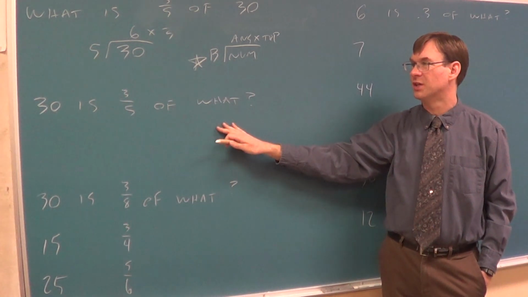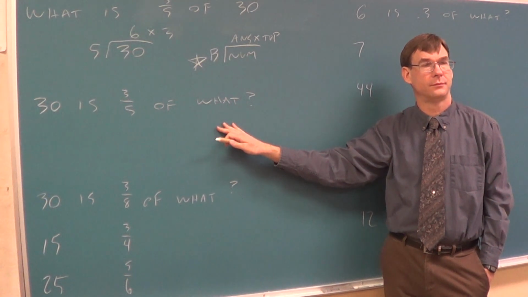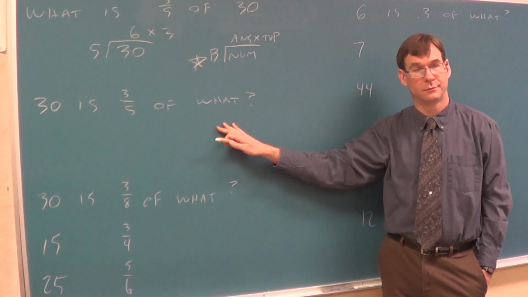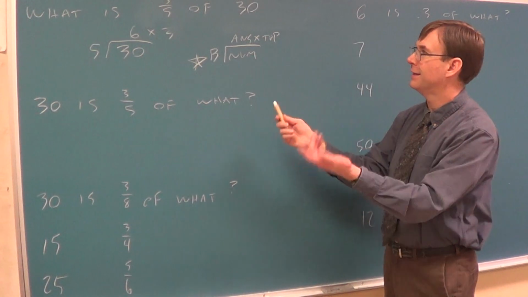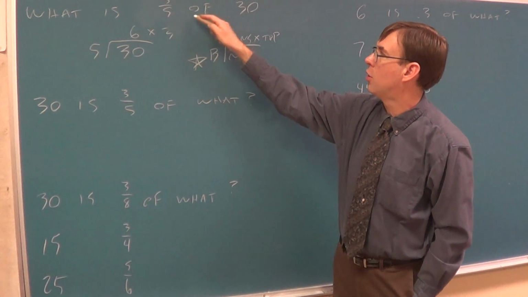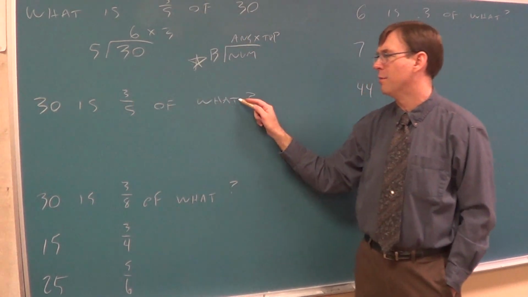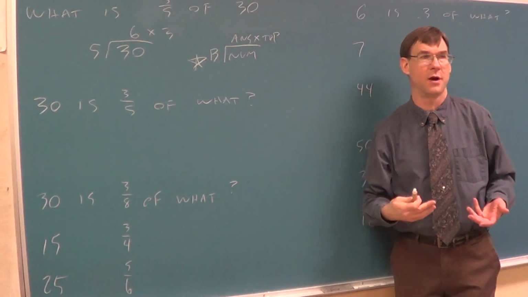Okay, so how's this question different? It's like the "is" is just switched around with the "of." So when "of" connects two numbers, that's a multiplication kind of thing. But if "of" connects a number to a mystery, that's the opposite scenario.